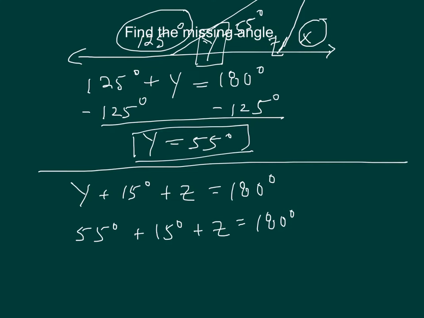And again, we labeled the triangle y and z. You could have labeled it a and b. You could have used any letter. Let's now solve for z. So we need to get z by itself. So we need to add 15, and 55 and 15 would be 70.